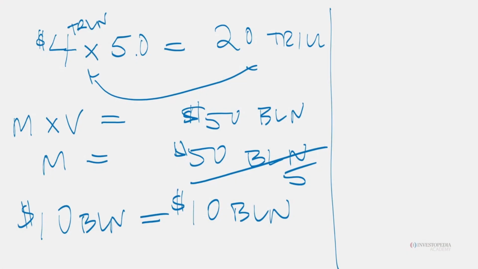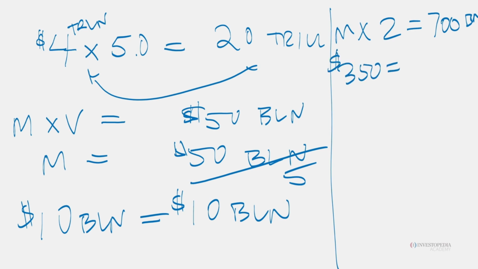So a quick assumption is that the velocity is 2, and the gold market share, which is 10% of 7 trillion, would be 700 billion. So now the Bitcoin needed would give you a $350 billion market cap because you take 700 divided by 2.